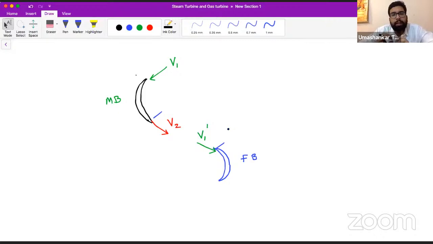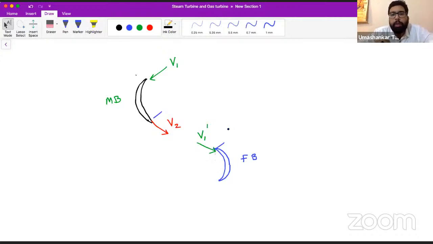Let us understand in an easy way. As you know, the steam is traveling from one place to another place, so there will be some losses of kinetic energy. Okay. If steam is traveling from one place to another place, there will be some loss of kinetic energy.